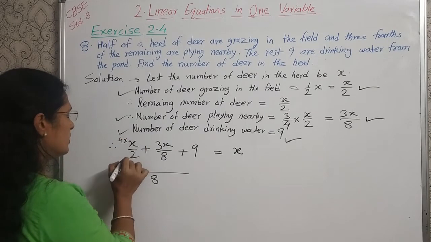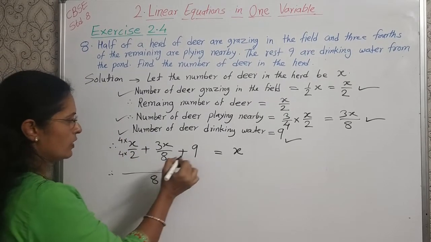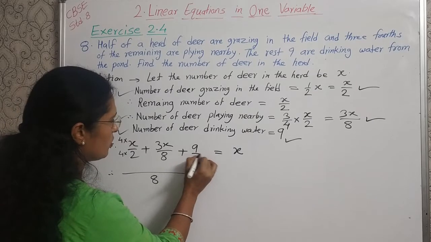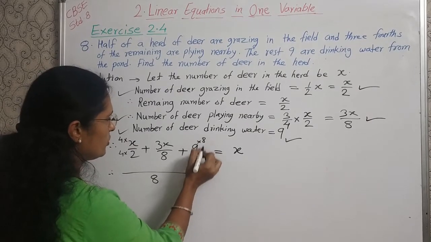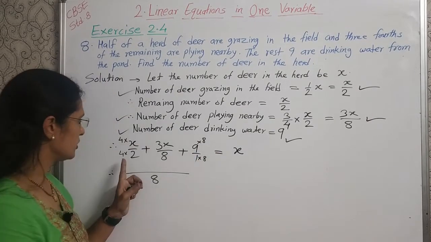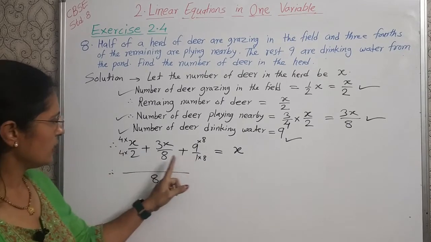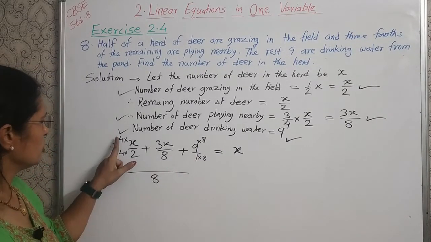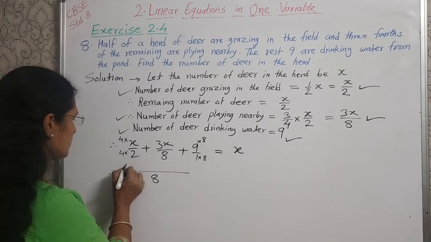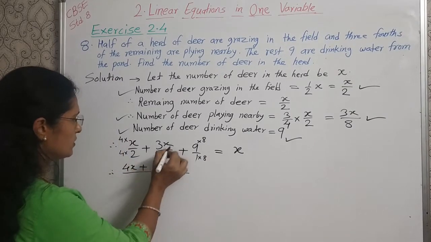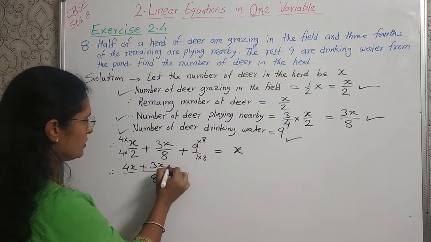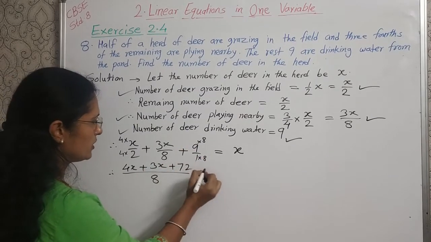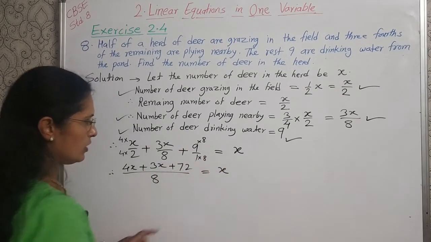So into 4 here, into 4 here. Now here there is the denominator 1, so here into 8 into 8. It means all the denominators will become 8. 4 2s are 8, 8 here and 1 8s are 8. So 8 is the denominator, numerator is 4x plus 3x plus 9 8s are 72 is equal to x.